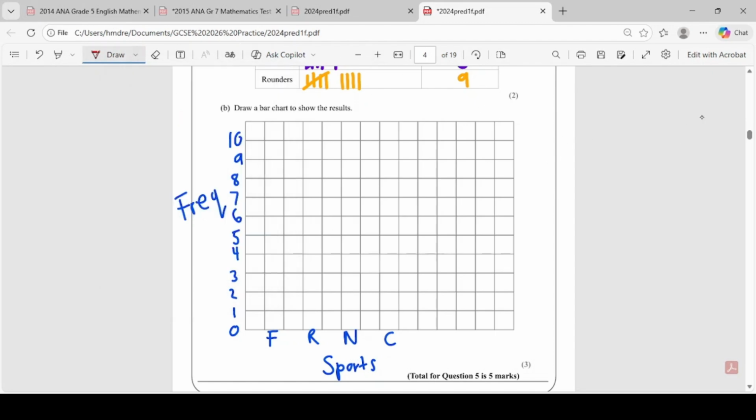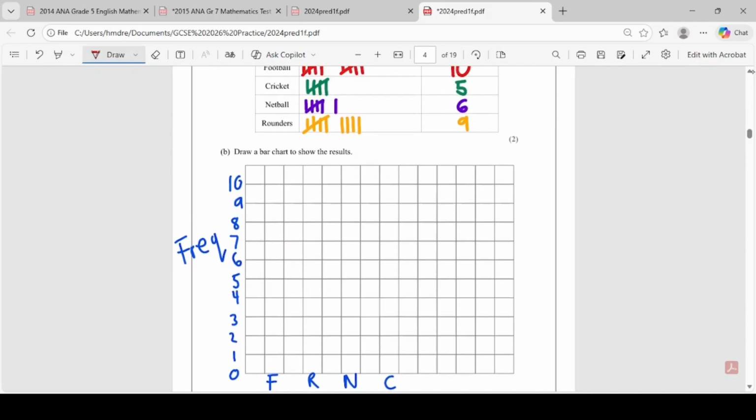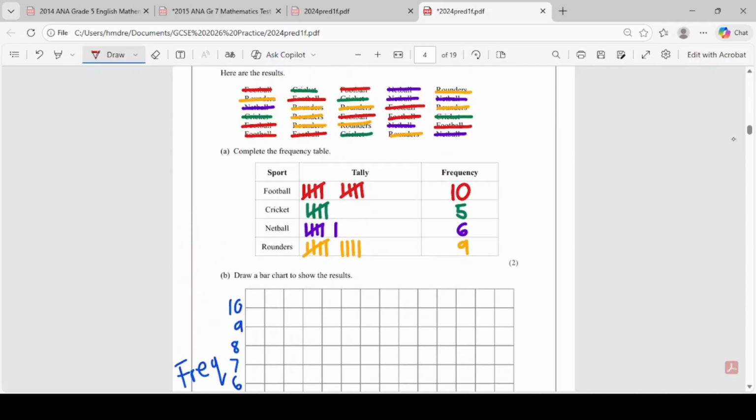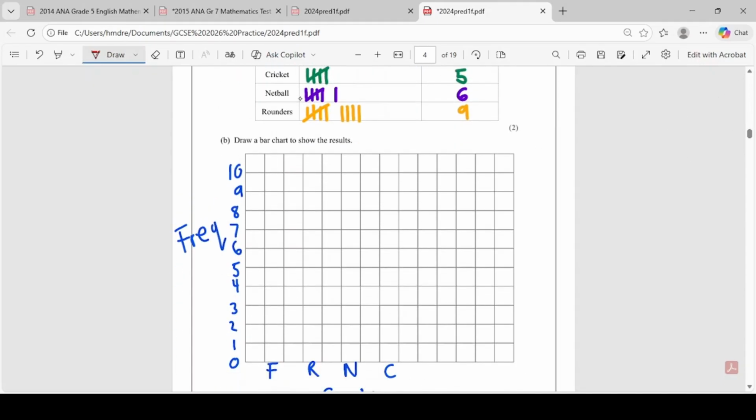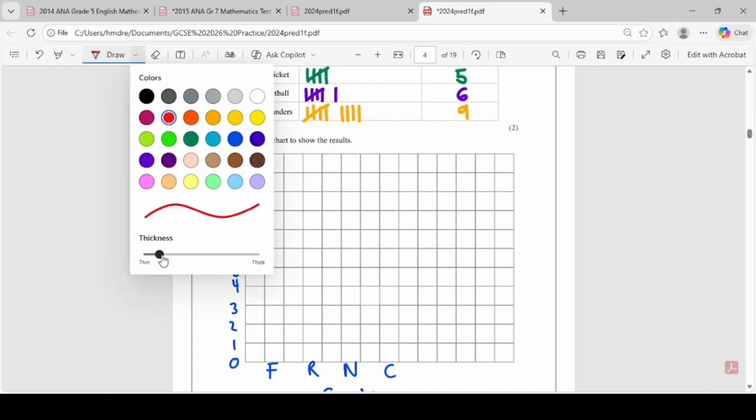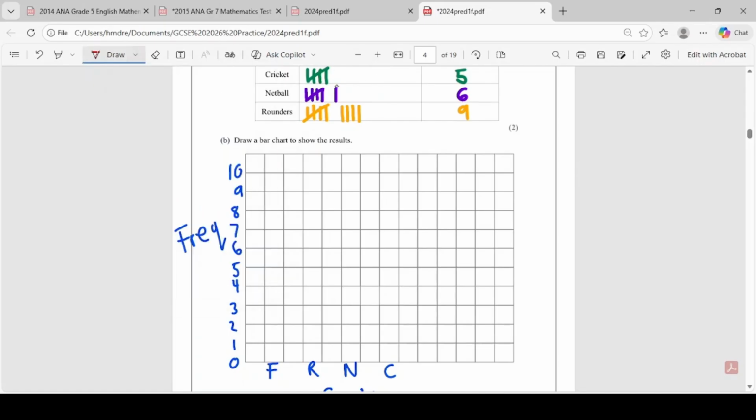Then if we draw them in, you'll have to excuse my drawing. Don't have a ruler on here, but football, we've got 10 footballers. And so we're going to mark it up to this 10 here. And then draw it all the way down.